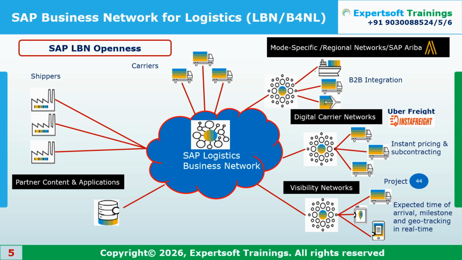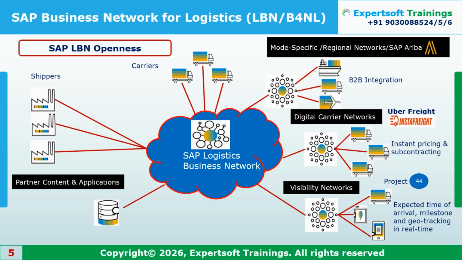If you see here, let's say the shipper's TM system. Let's say you have your freight orders and freight bookings coming out from your TM system. Those are flowing to the BN4L system, and then they are going again to the carrier system.